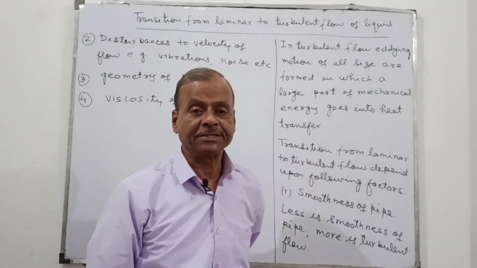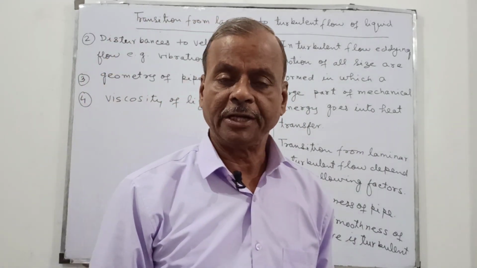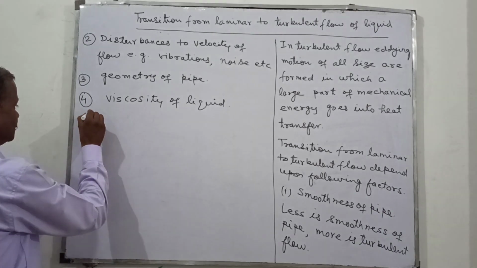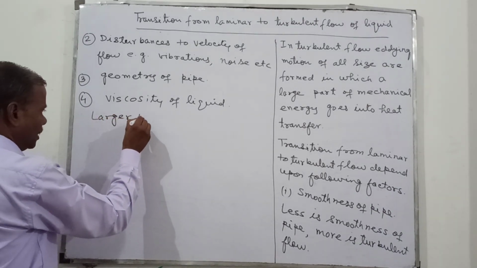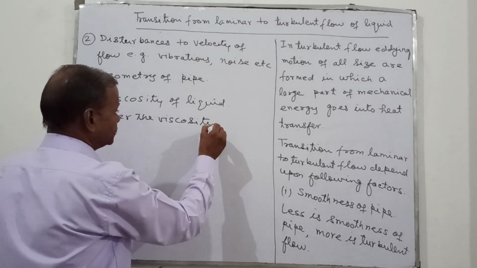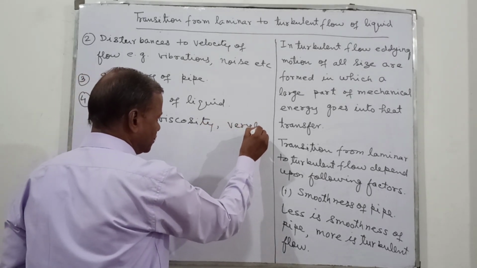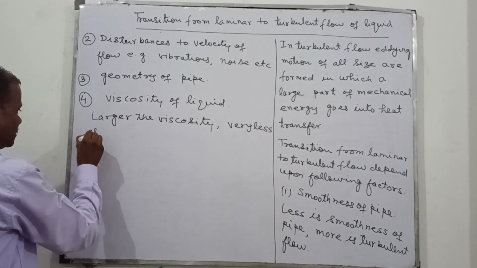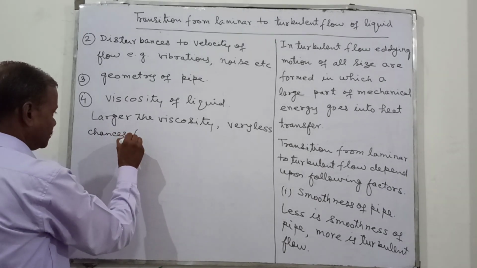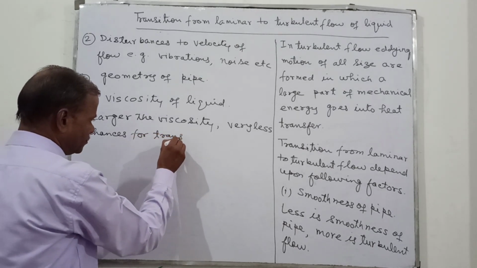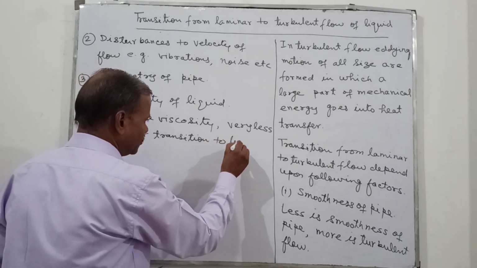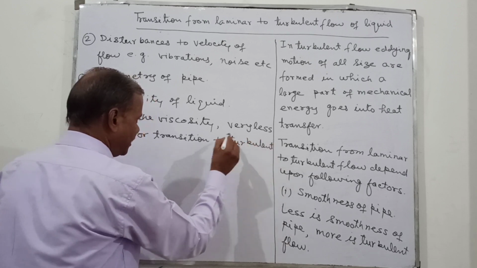So the viscosity of the liquid plays an important role in the transition from laminar to turbulent flow. Larger the viscosity, very few chances for transition to turbulent flow.